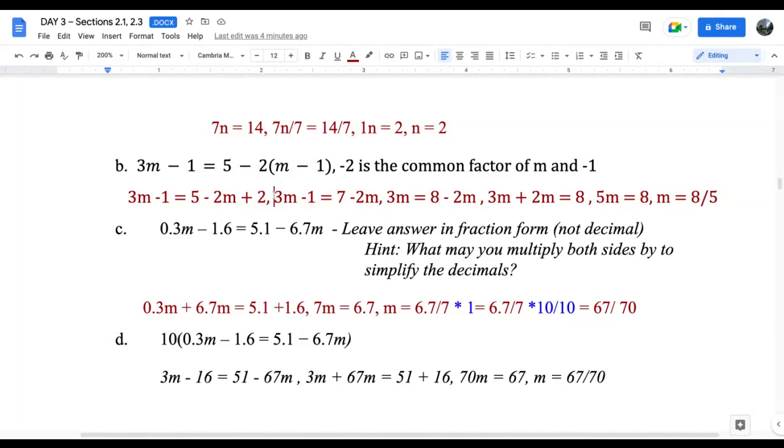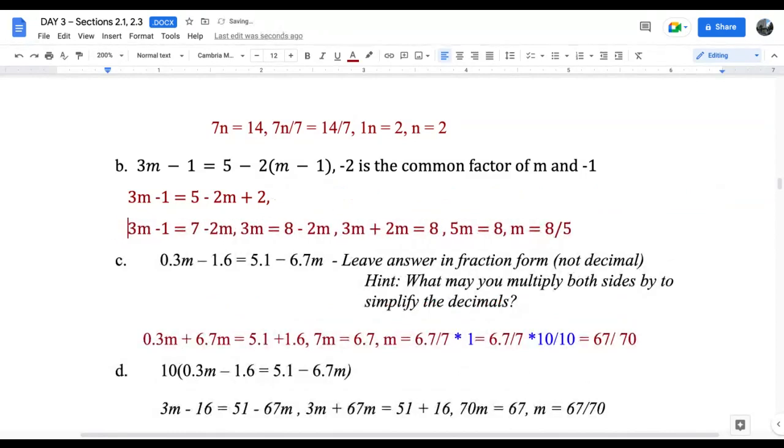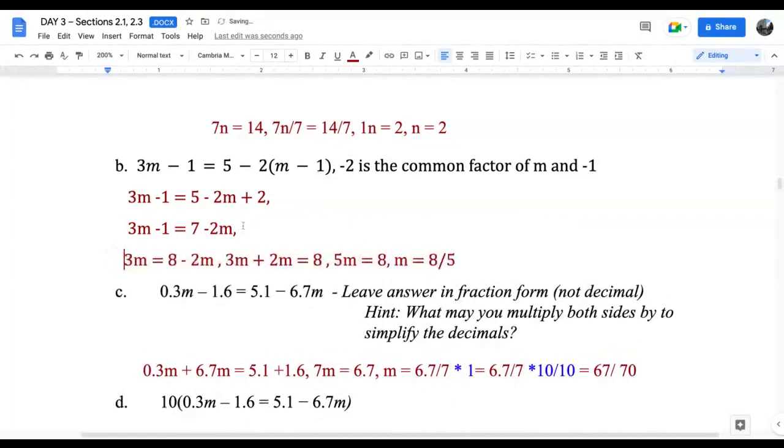Maybe let me do this, it's easier to see. So this 5 and this 2, I can add them together. That's a 7. So 7 minus 2m. Then I can move this negative 1 to the right-hand side. It becomes 7 plus 1, which is 8.